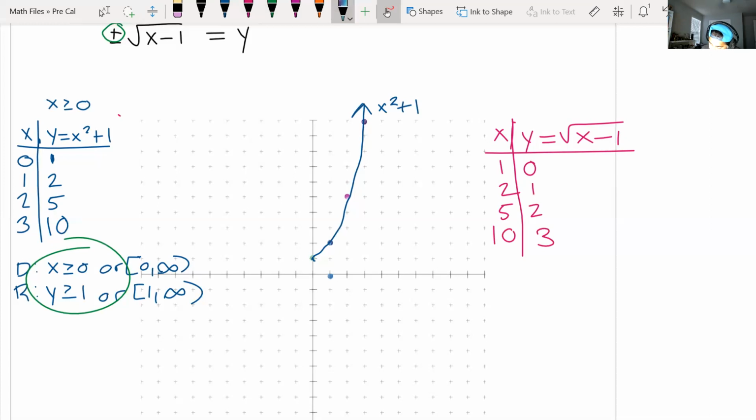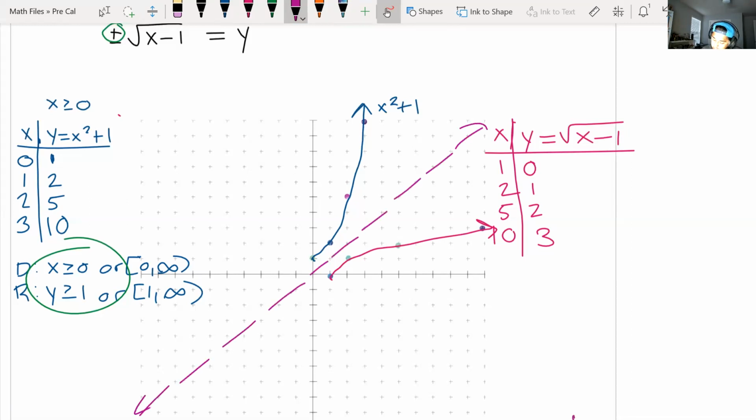1, 0, 2, 1, 5, 2, 10, 3. Here's our inverse function. And then here's that line, y equals x.